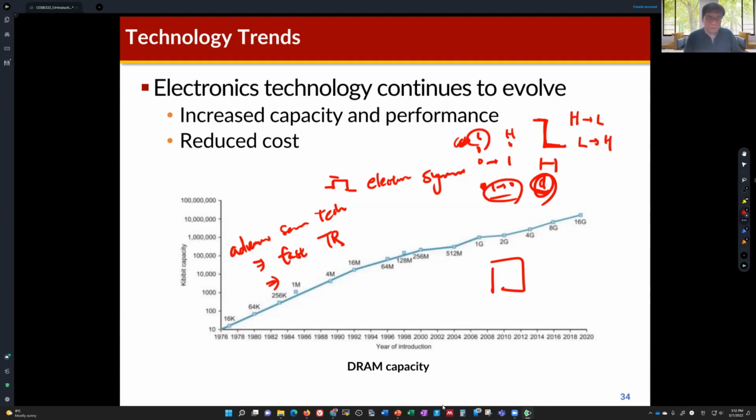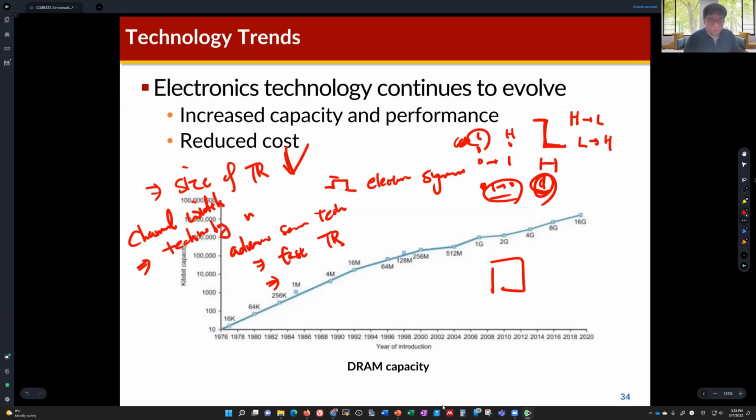So the transistor semiconductor technology is advanced. That means the size of the transistor is decreased, so reduced. Usually the size of a transistor is determined by the channel width, and we call this channel width the technology node.